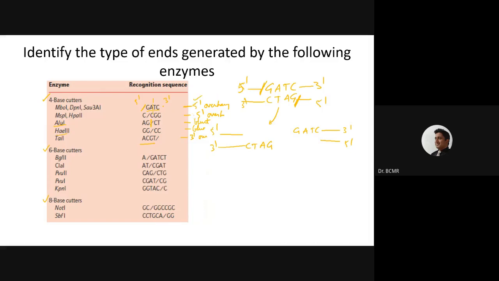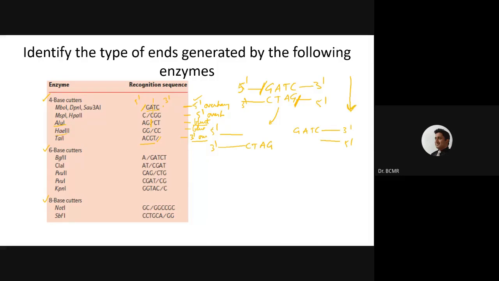If the slash is within the axis of symmetry, then it is blunt ends. And if it is towards the 3' side, then you'll get 3' overhang. This is just for a quick kind of mug-up, but it's always easy and better to work it out like this, as I've shown here, so that it will be error-free.